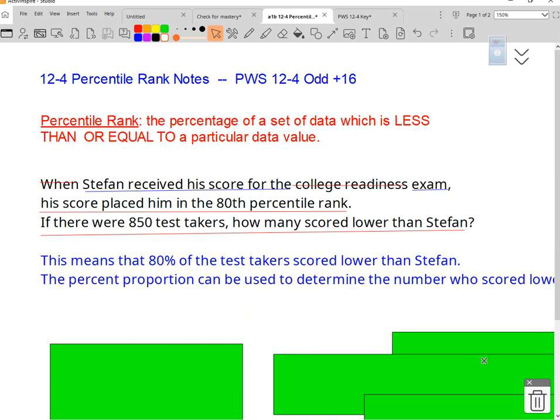Alright, so this means that 80% of the test takers scored lower than Stefan.